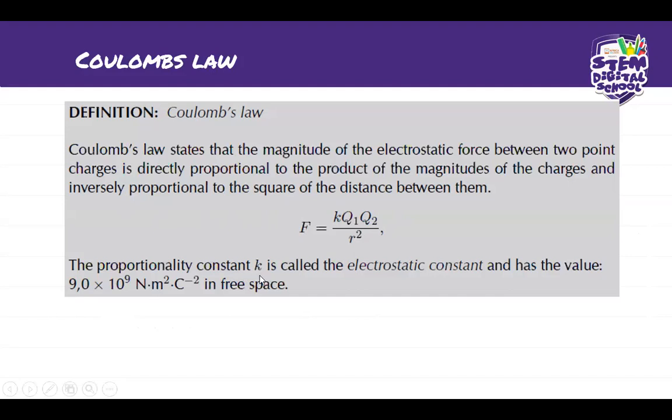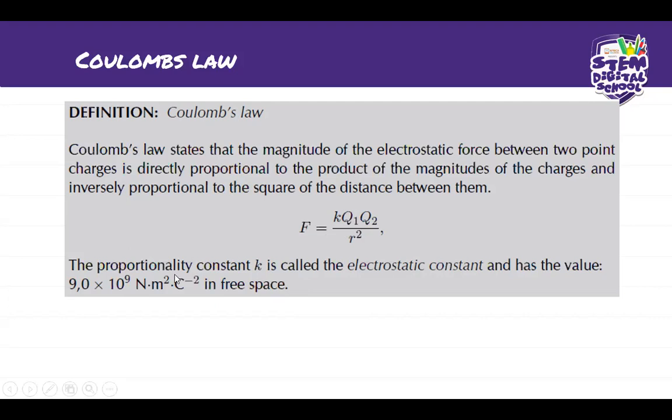Okay, so the proportionality constant is called the electrostatic constant or the Coulomb's constant, and has a value of 9 times 10 to the power of 9 N m squared C minus 2 in free space. Okay, so those are important information that you must know, because you will need the K in all your calculations. So you must know that it's always constant.